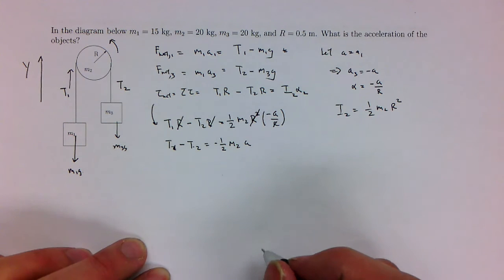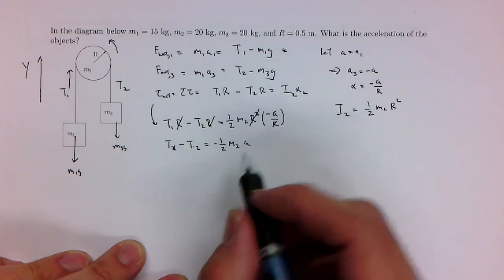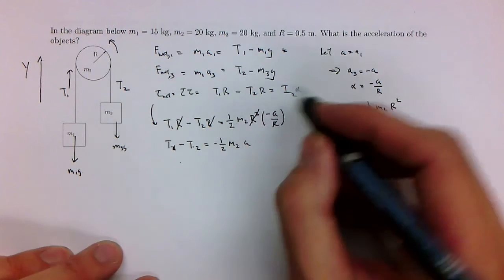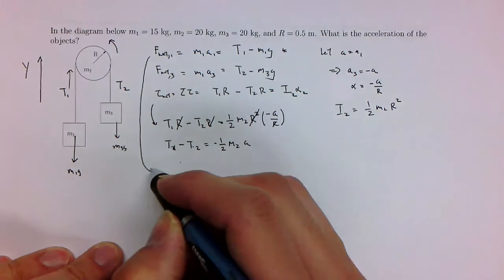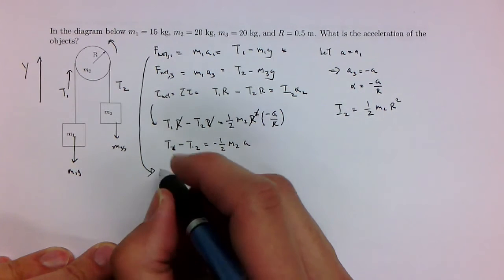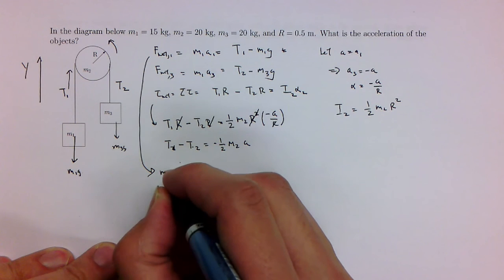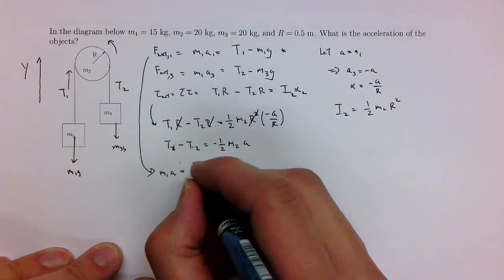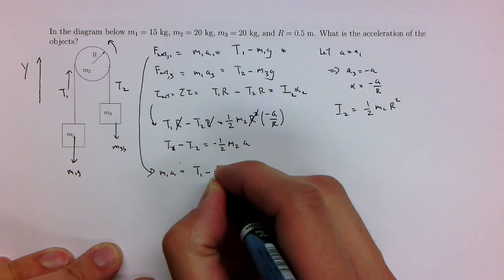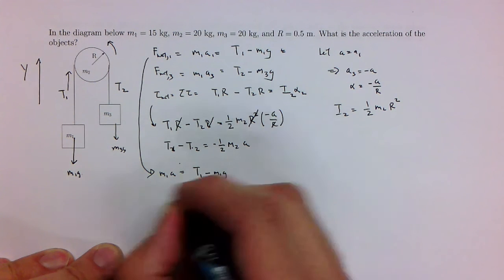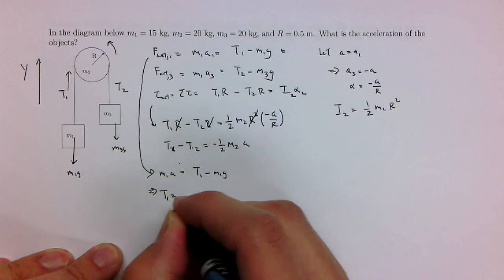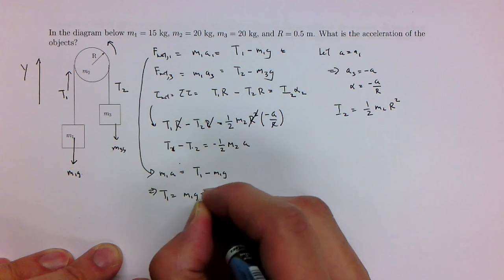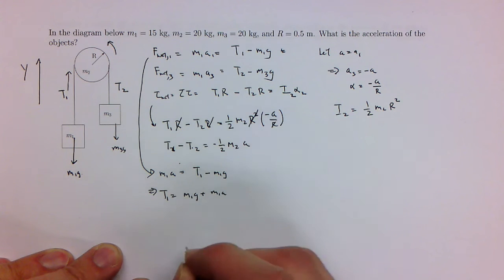Now what we'll do is solve for T1 and T2 and plug them in here. M1 A is equal to T1 minus M1g, which means that T1 is equal to M1g plus M1A.